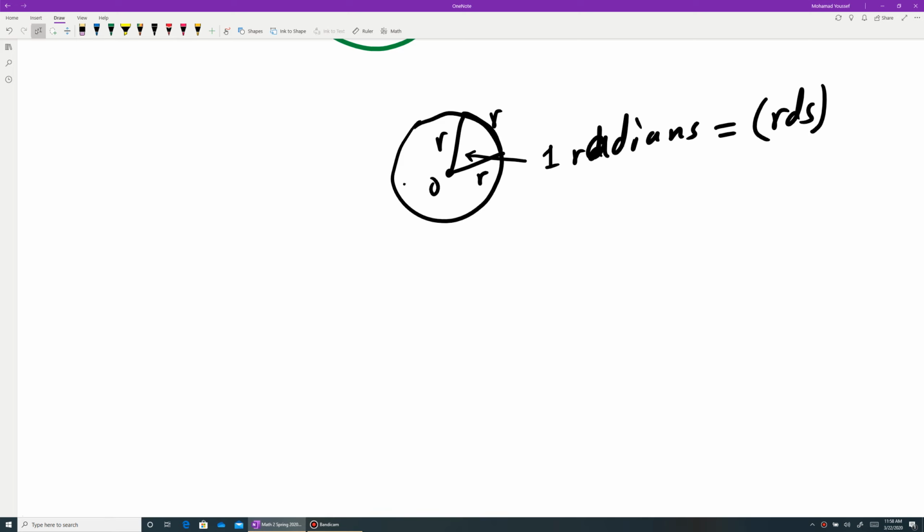So what's the relation between degrees and radians? We'll see that in a minute after we go over arc length.